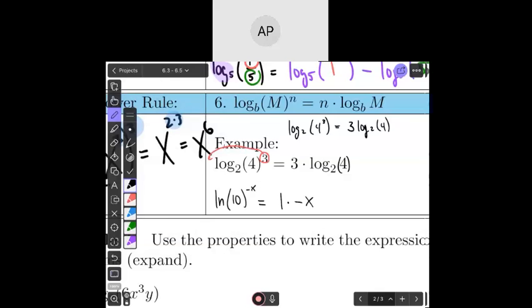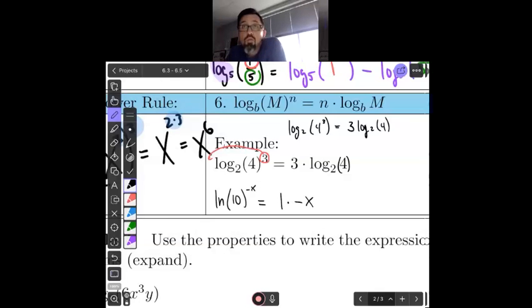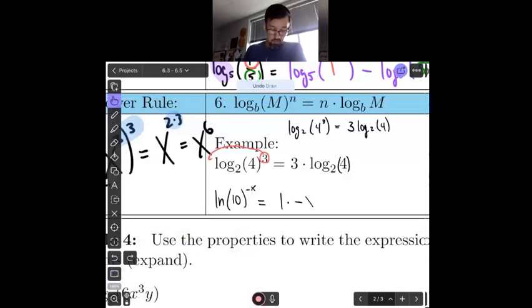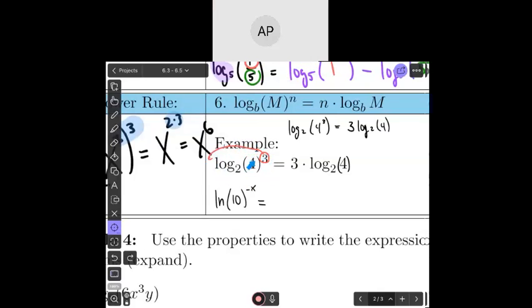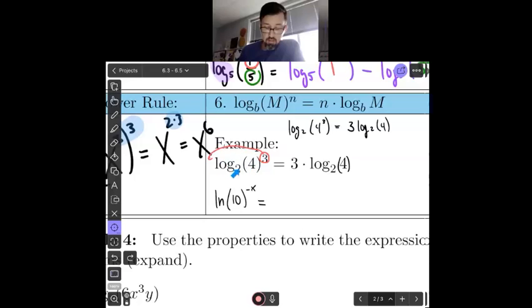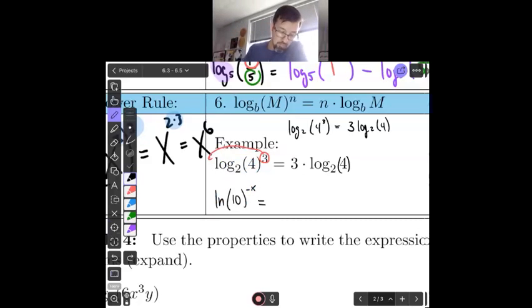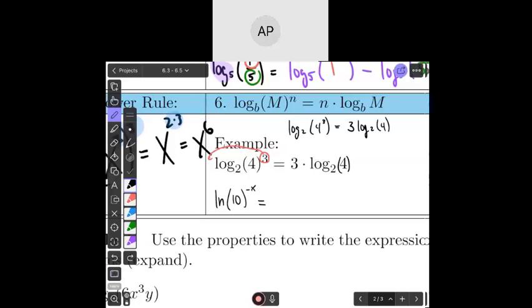Is that what you meant? What happened to the 3 up here? It moved to the left. What happened to this? It stayed the same. So what's going to happen here? It's going to stay the same. So what's the whole thing though? Put it all together.